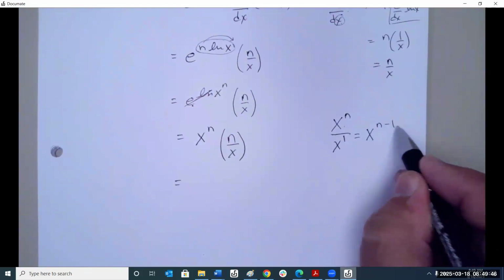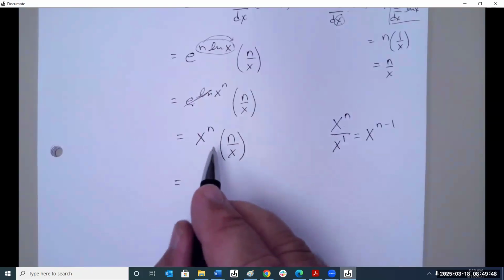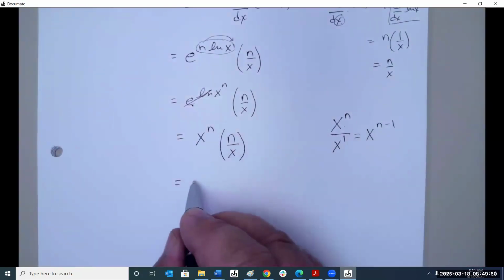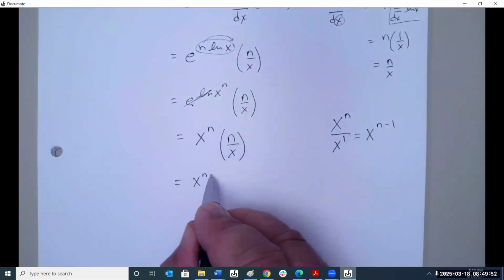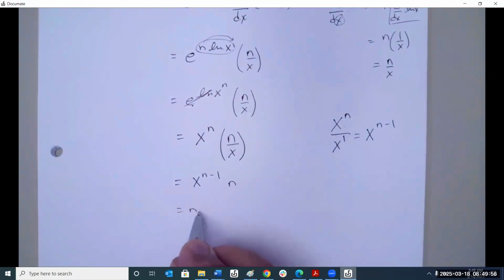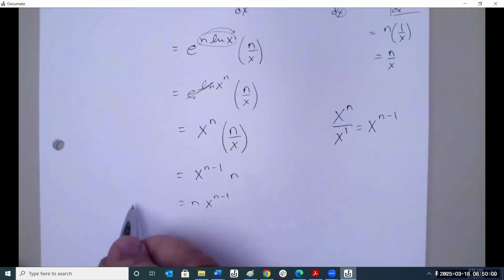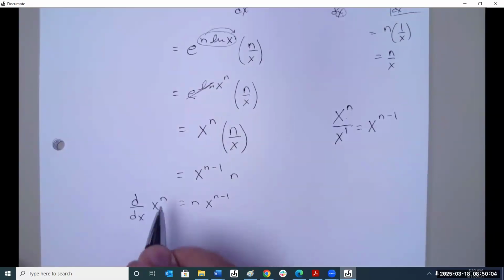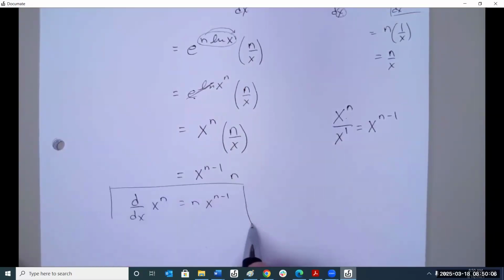Subtract, so that's n minus 1. So these two become n times x to the power n minus 1. There's the proof of the power rule.